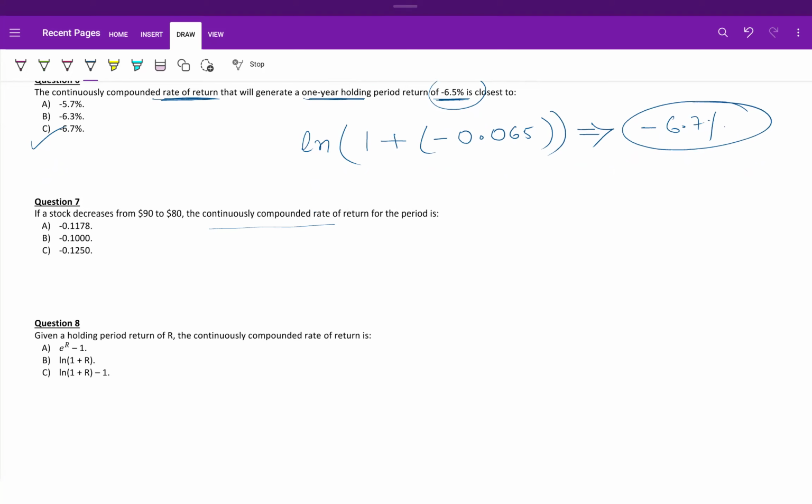The continuously compounded rate of return for the period will be equal to this, and once you calculate this, option A will be the answer here.